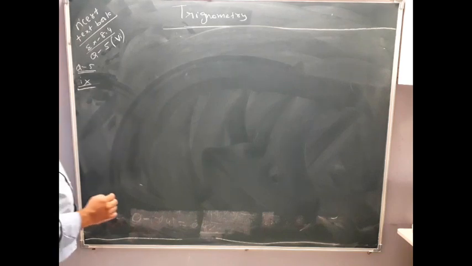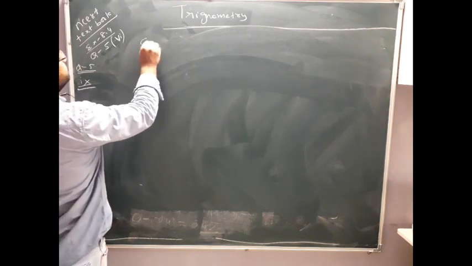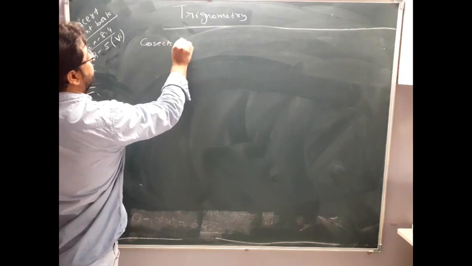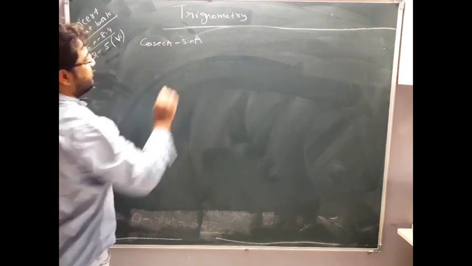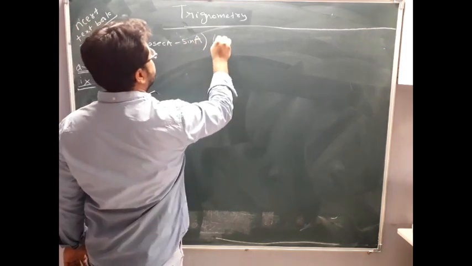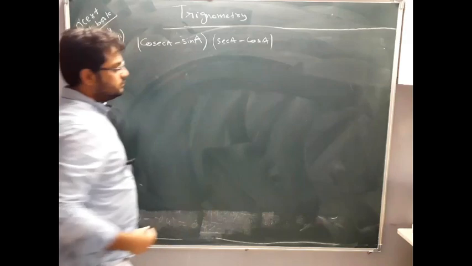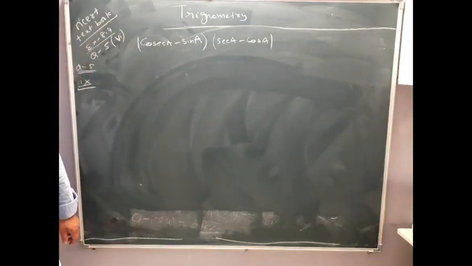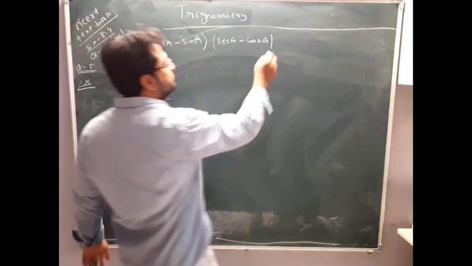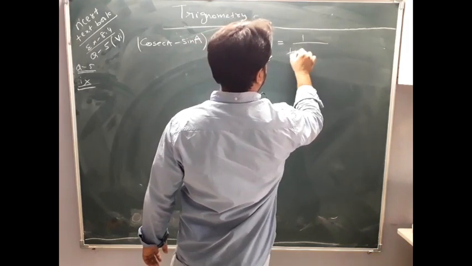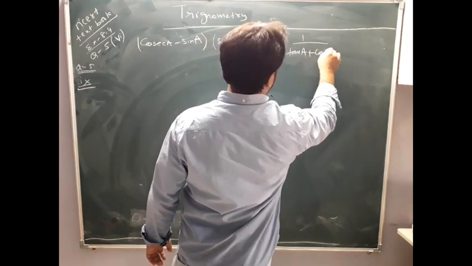So the next problem is problem number 9, and the problem says (cosec A minus sin A)(sec A minus cos A) equals 1 by (tan A plus cot A).